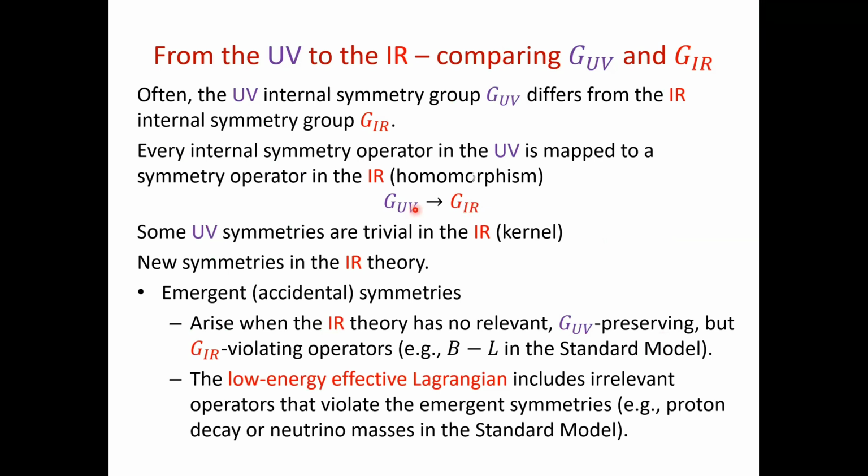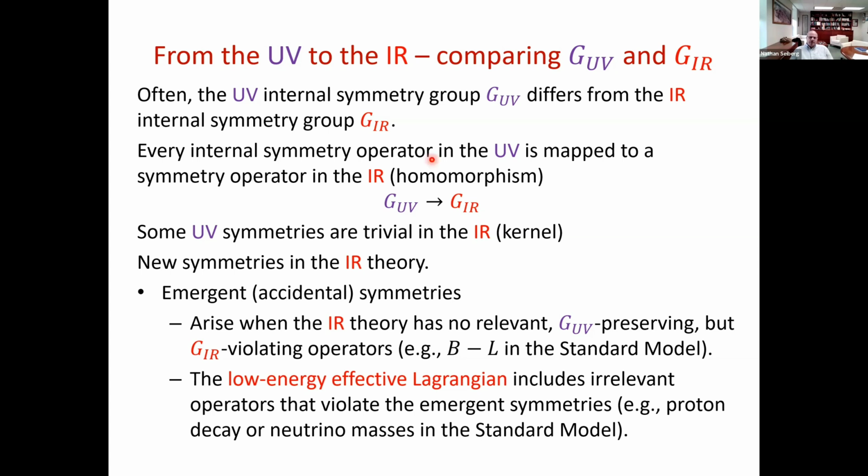If you discuss only internal symmetries, then the emanant symmetry is not here, but in the part of GIR which is not in the image of GUV. From that point of view, it looks shocking that there's something new.